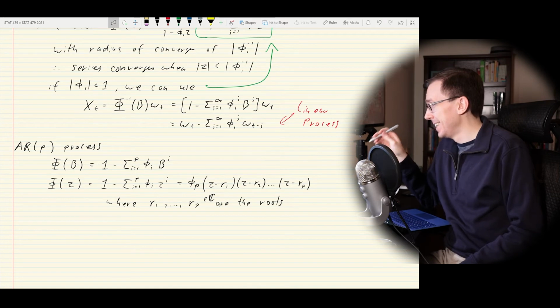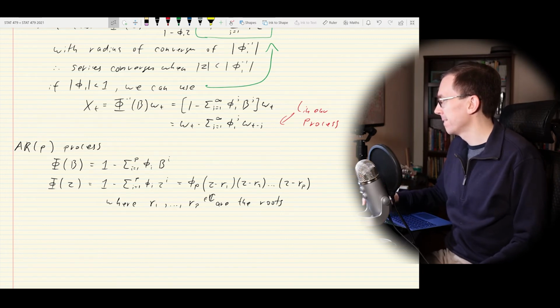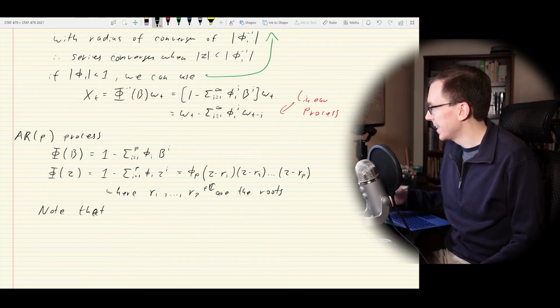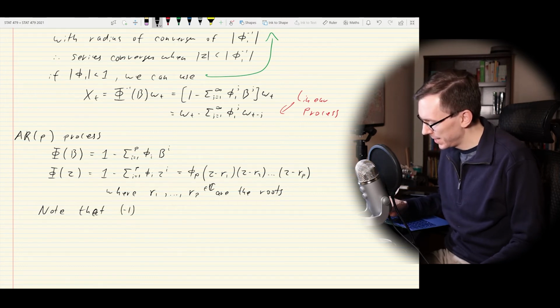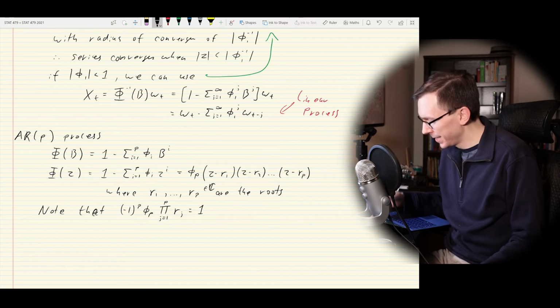All right, so we're almost there now. What we first want to say is note that (-1)^p times phi sub p times the product over j from 1 to p of r_j is going to be 1.